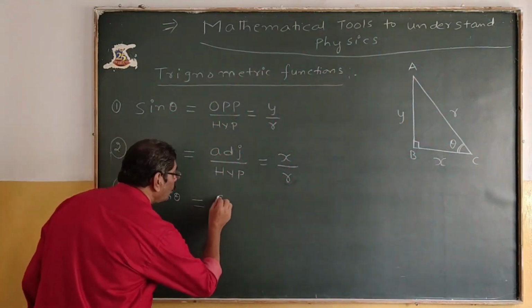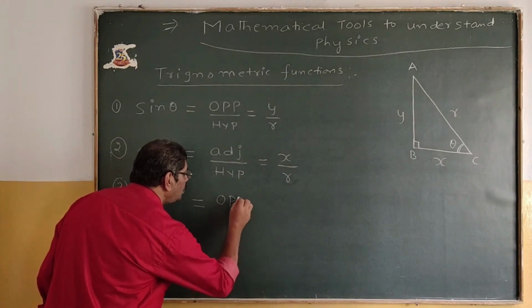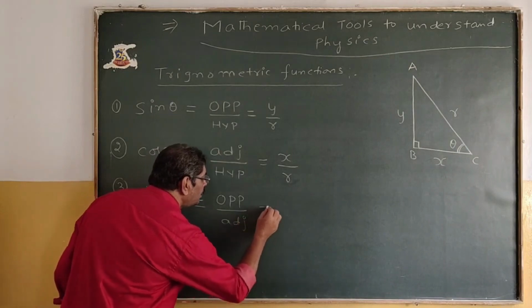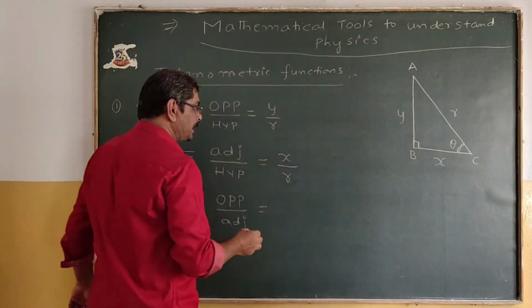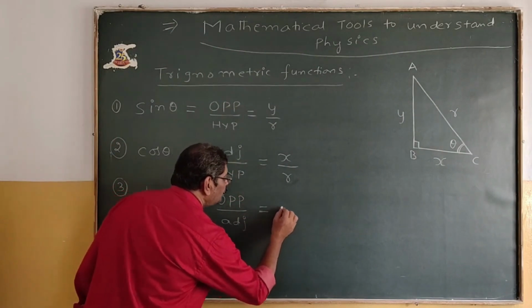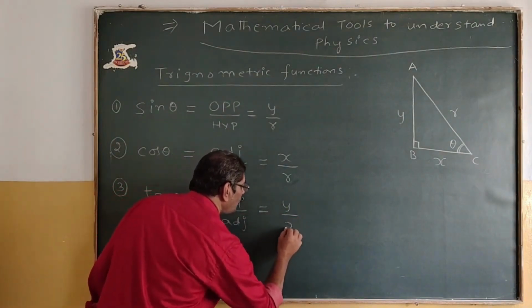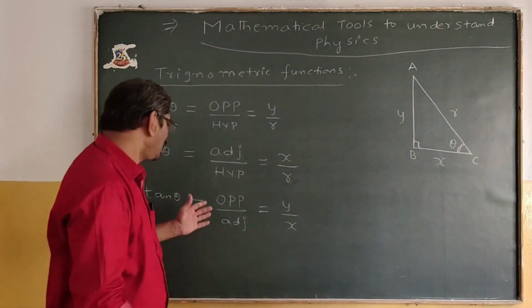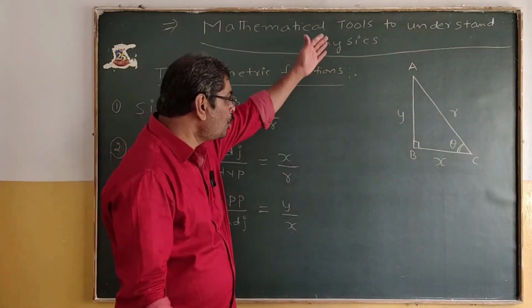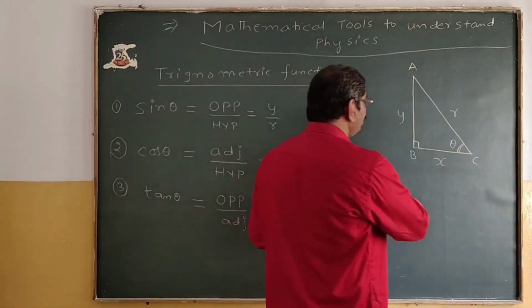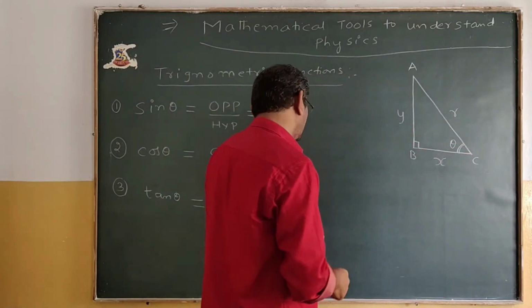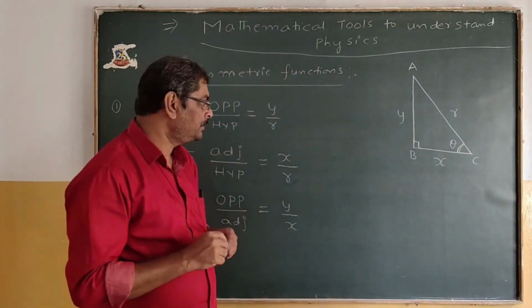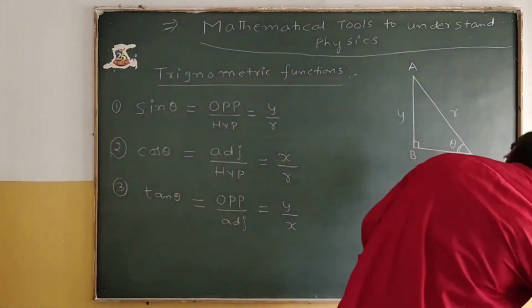So tan theta is numerically equal to opposite divided by adjacent, which is y divided by x.